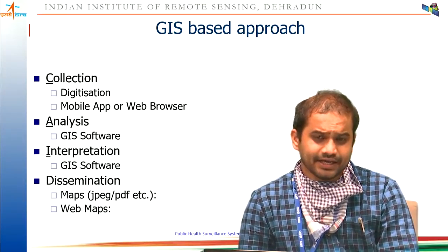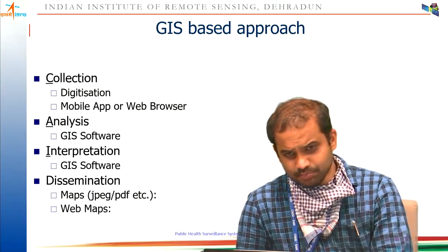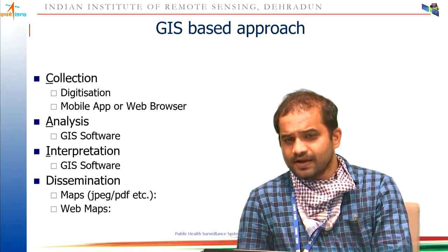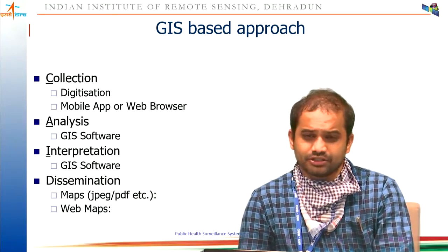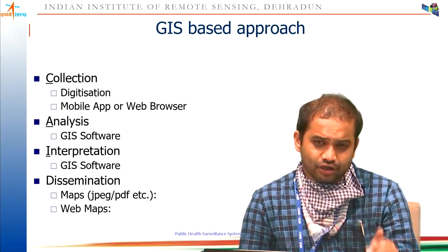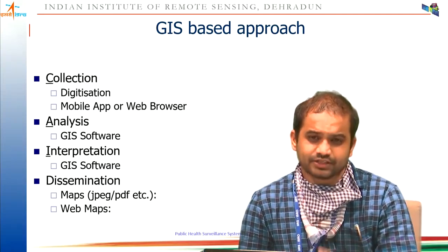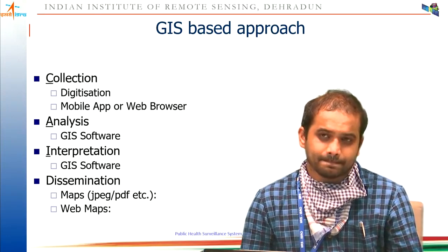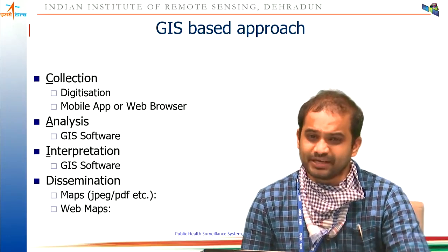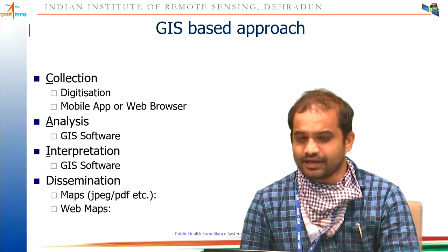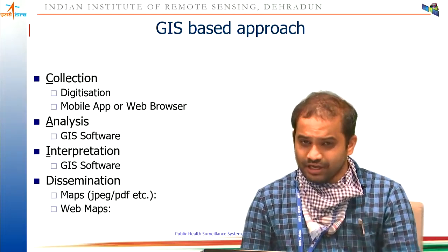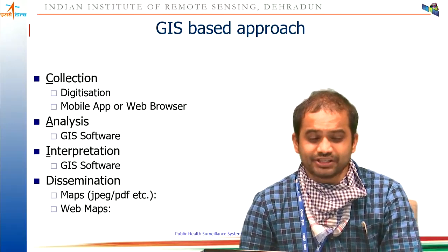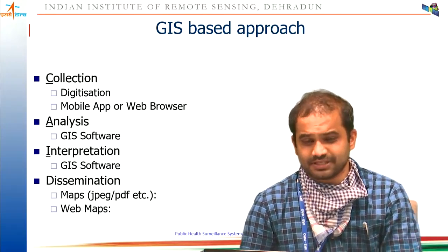When data is collected, it is imported into GIS software where you can analyze. In epidemiology, an analyst or a virologist, an expert in viruses and bacteria, will analyze the actual samples collected, such as the blood in the laboratory. Here in GIS, we are analyzing data. We will see how many cases are coming from which places.